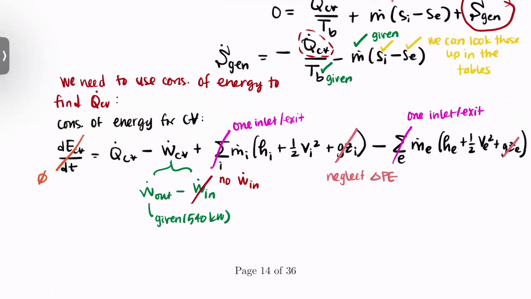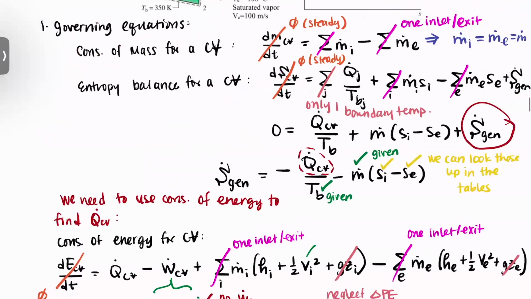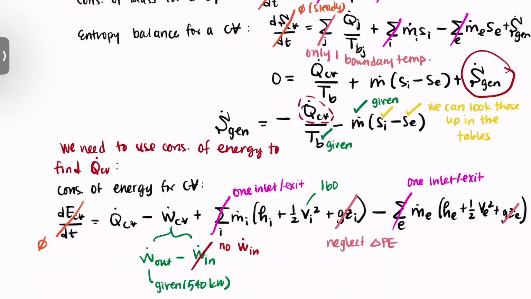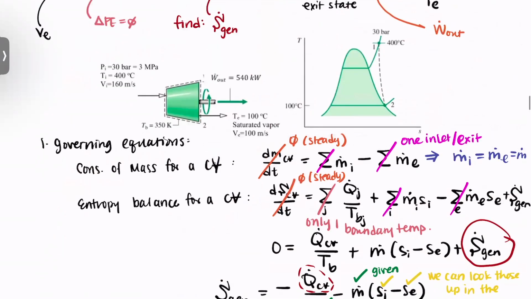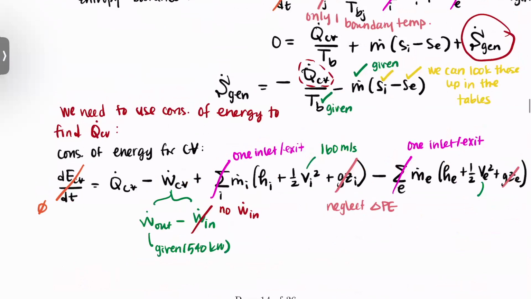We're also given the inlet velocity and the exit velocity. Our inlet velocity is 160 meters per second, and our outlet velocity is 100 meters per second.